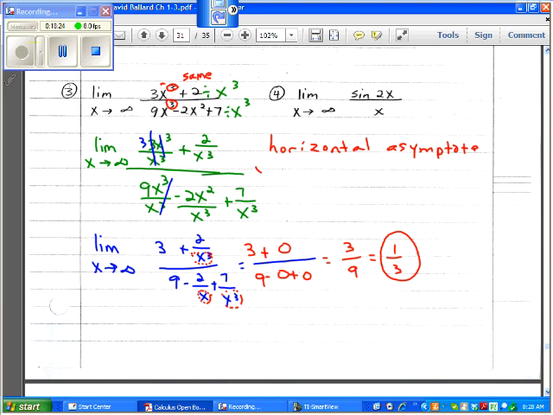Good. There will be a horizontal asymptote at the ratio of the leading coefficients, and that's 1/3, and that verifies that graphically speaking, we would be hugging up against that asymptote of 1/3. Therefore, that's what our limit would be. And we could graph that, and you can see that. Any questions on number 3?